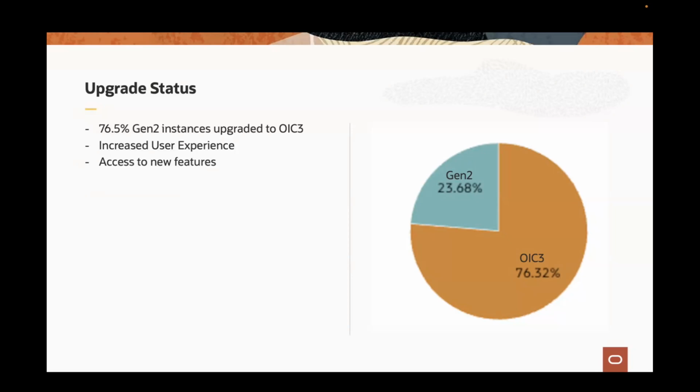So our goal was to upgrade 80% of all the instances by the end of the year. We're slightly there, not quite, but as you can see, 76.32% of all the instances as of Monday were upgraded to OIC 3.